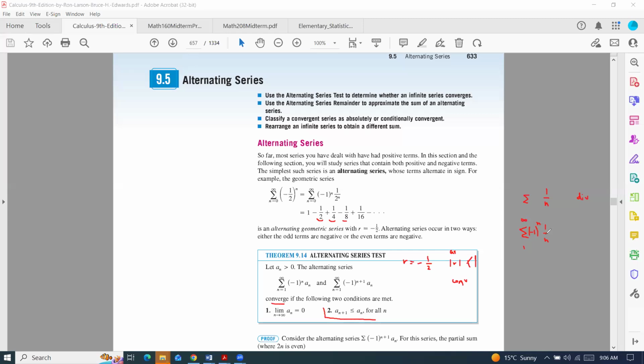The first term is going to be undefined. So this is going to be -1/1, which is -1, and then plus 1/2, and then -1/3, and then plus 1/4. So this alternating harmonic series will be convergent.